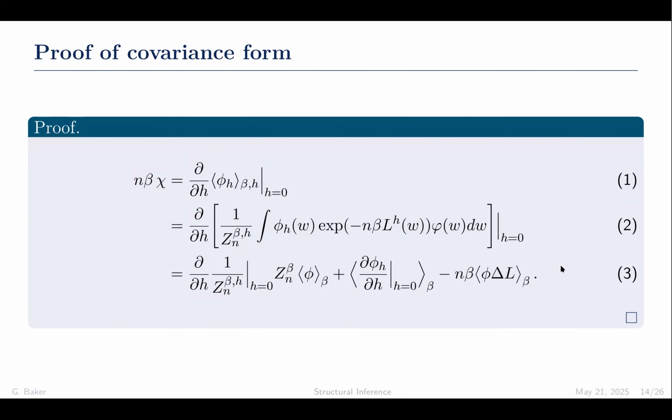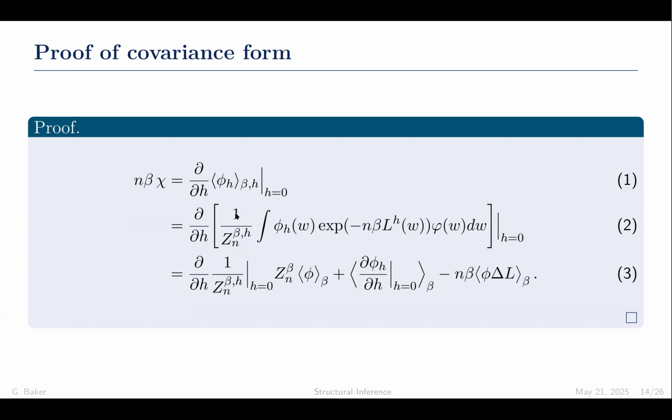So this is the first part of the proof. It's very basic and simple. We have our n beta chi, so we're just getting the chi into a derivative of expectation form. Then we expand out the expectation here. Here's our phi, here's our expanded out posterior. And then we basically do a product rule and then a chain rule.